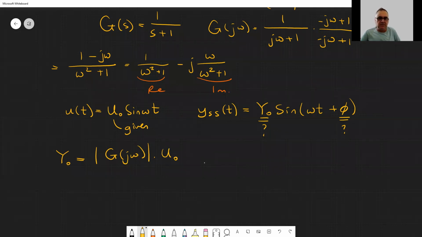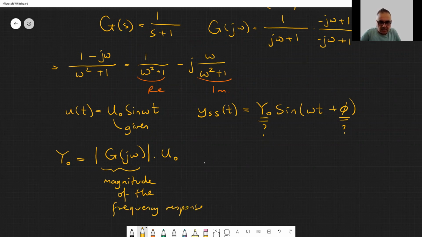Remember that G(j omega) was a complex number. Its magnitude is real. So this is called the magnitude of the frequency response. You multiply that by the amplitude of the input to get the amplitude of the output.